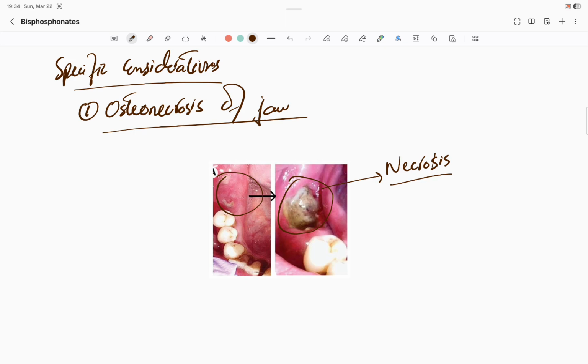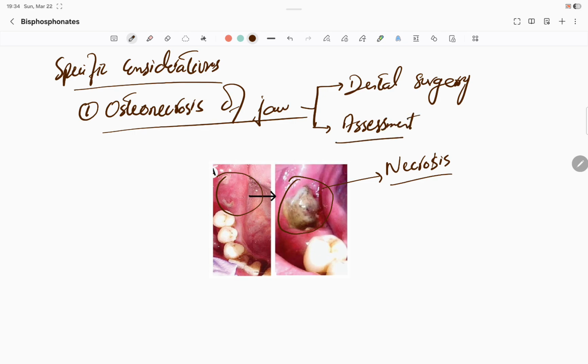So for this purpose, if patient needs to undergo any dental surgery or any dental assessment, then these two should be done before starting treatment with bisphosphonates, right?